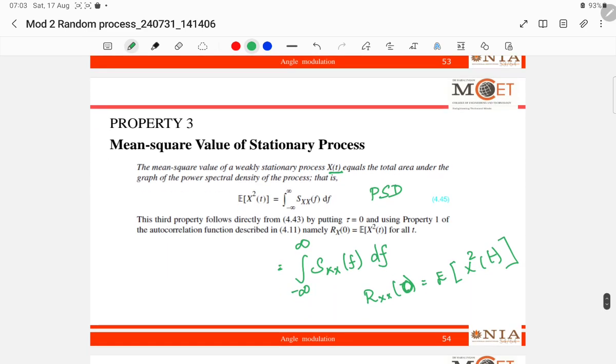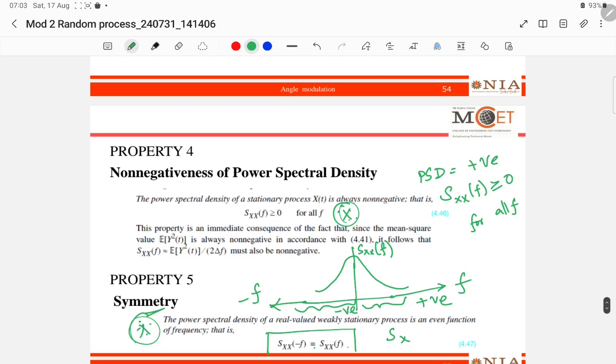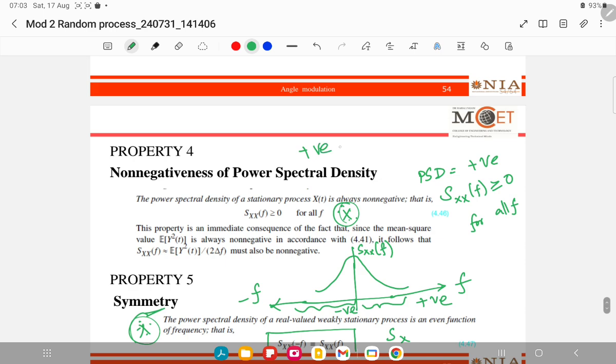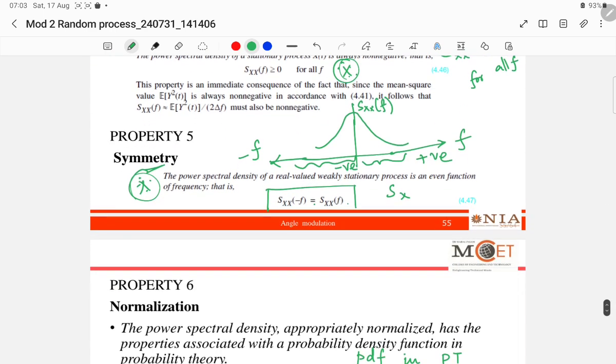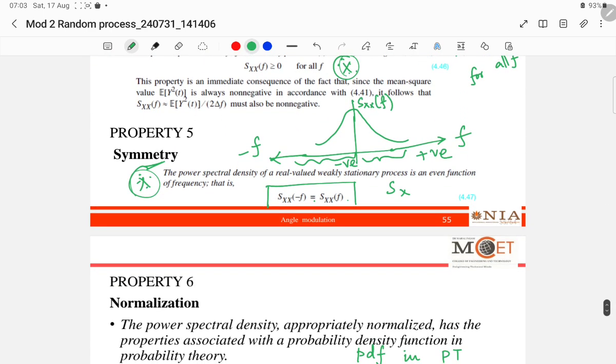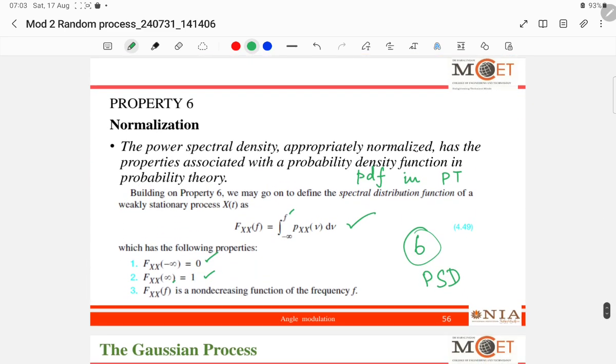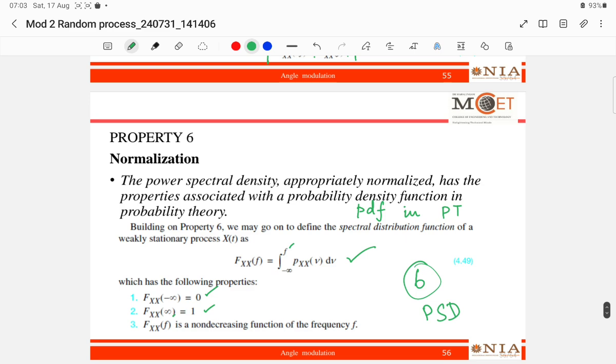The third property is that the mean square value of the random process is nothing but the area under the power spectral density. Fourth, it is always positive. Fifth property is symmetry. Whatever you have on your positive axis, the same thing you will have on your negative axis also. And the final property is normalization. So these are the properties of the power spectral density.